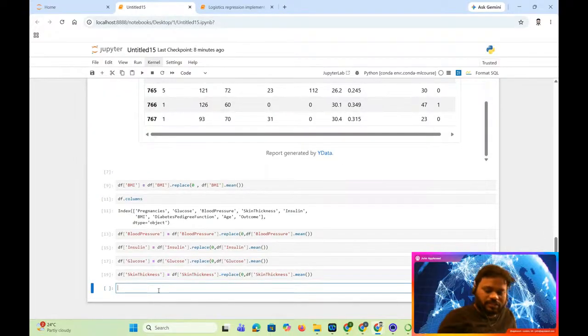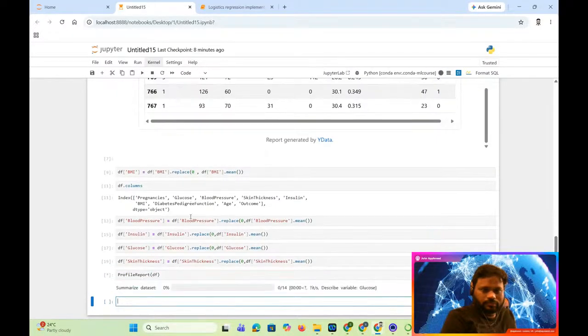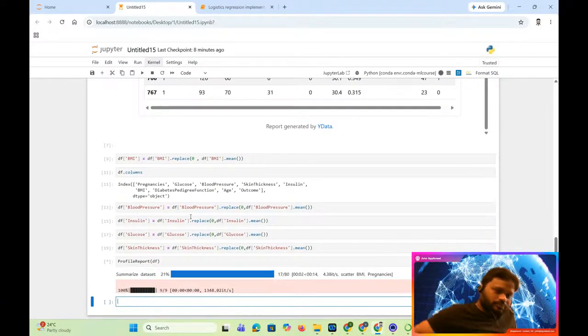We'll see here. Now this is generating the different profiling correlation of different rows and columns.